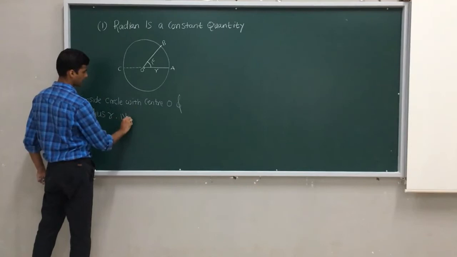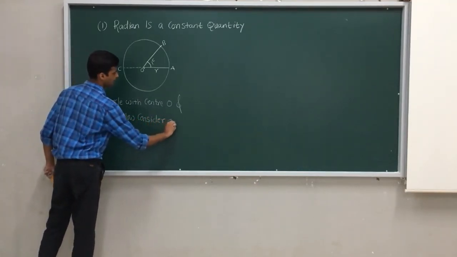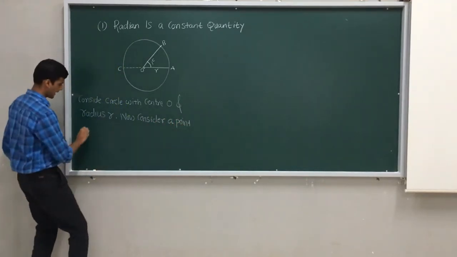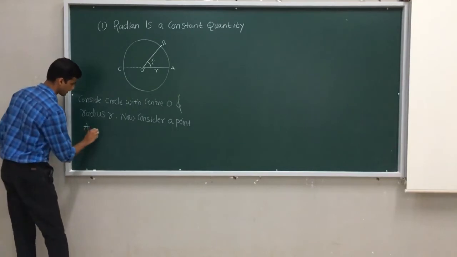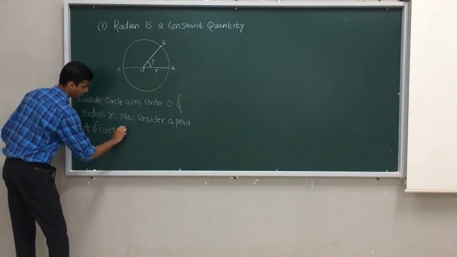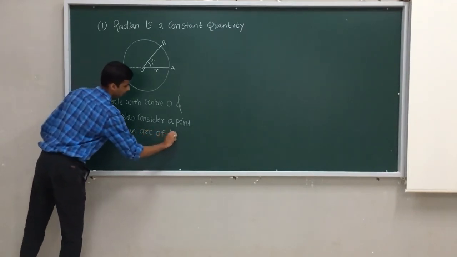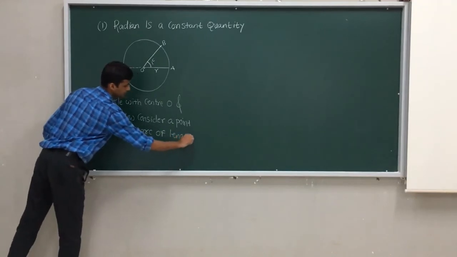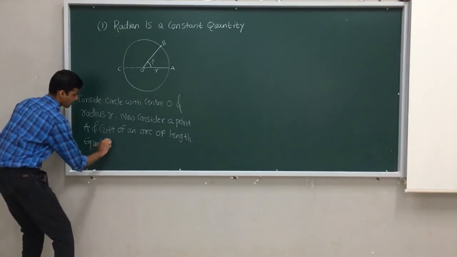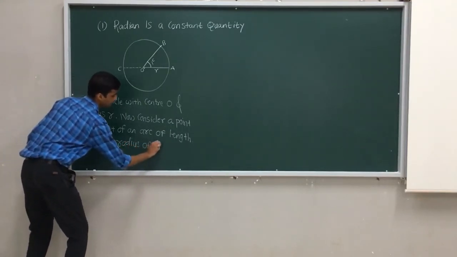Now consider a point A, and cut off an arc of length equal to the radius of the circle.